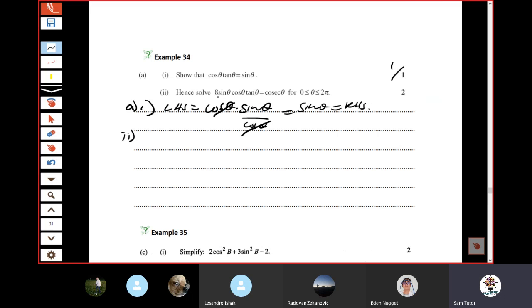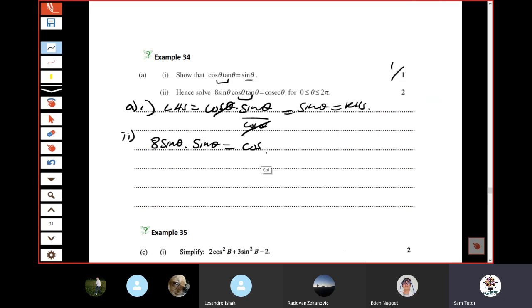Hence solve 8 sine theta cos theta tan theta equals cosec theta. Okay, a lot of things are happening there. So we know cos tan becomes sine. So 8 sine theta, and cos tan becomes sine, so I'm just going to replace that to save me a line, equals cosec. Anybody have any questions up to this stage?